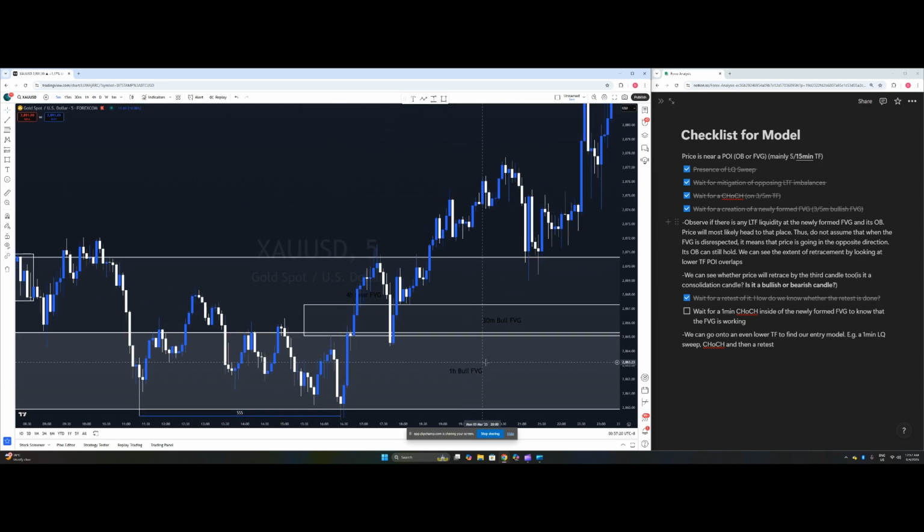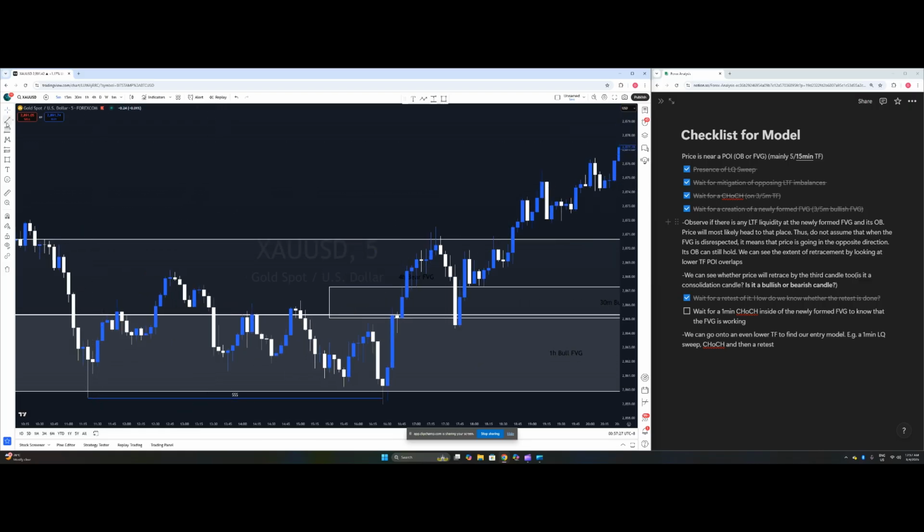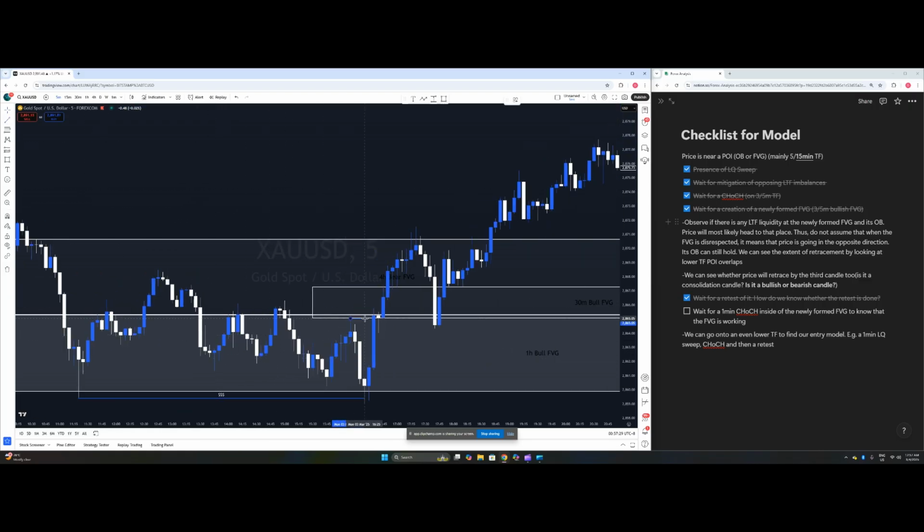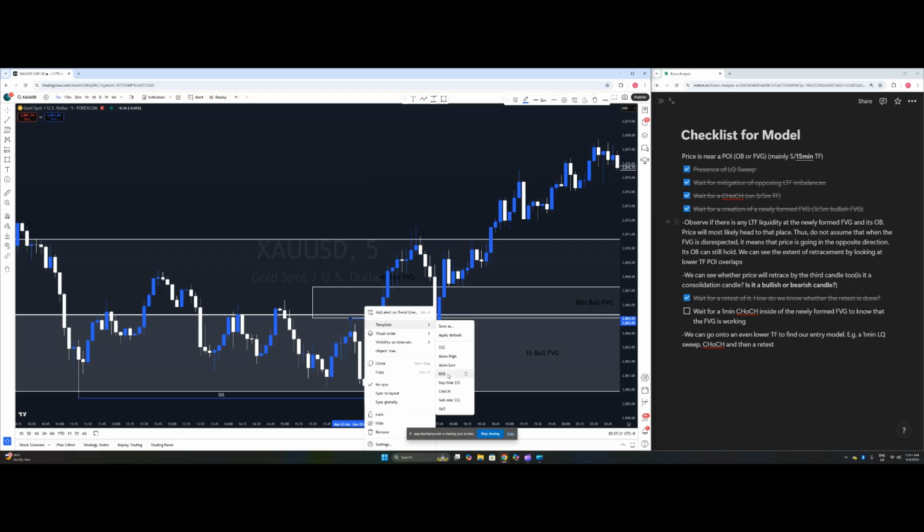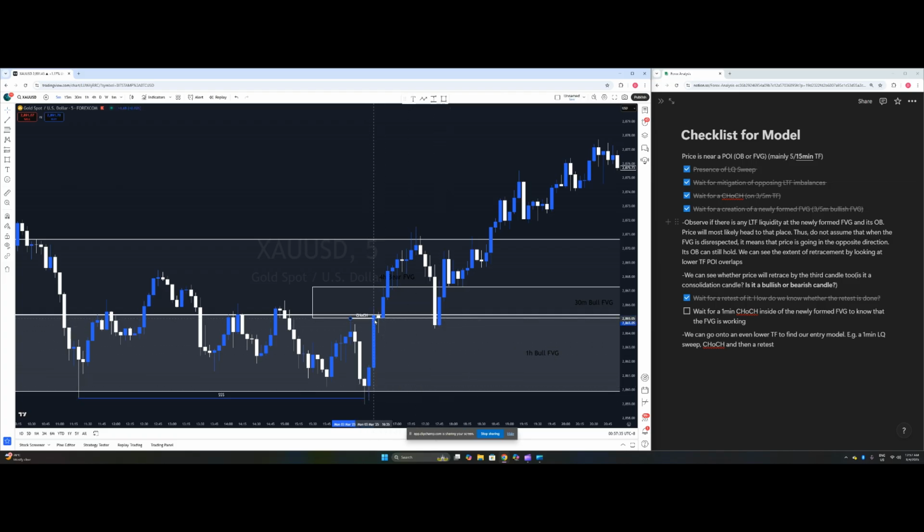Okay, so since we are in the 1 hour bullish fair value gap, we'll look for 5 minute entries. So afterwards, there's a change of character here, right? With a 5 minute bullish fair value gap being created, right?